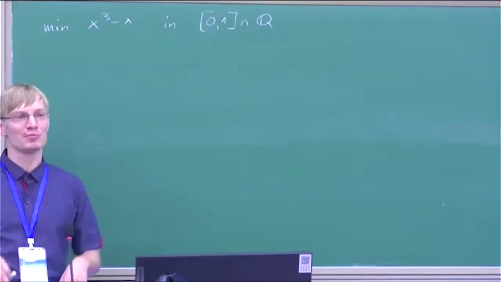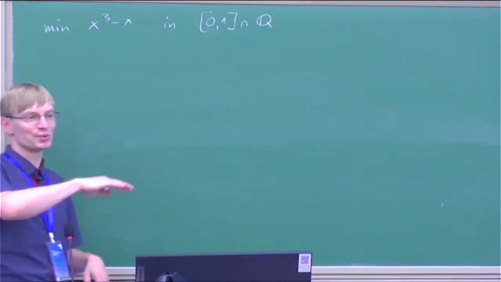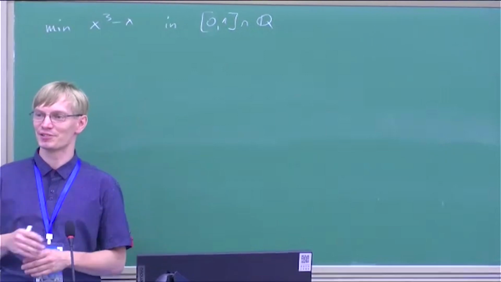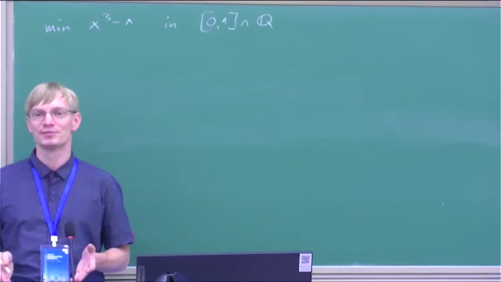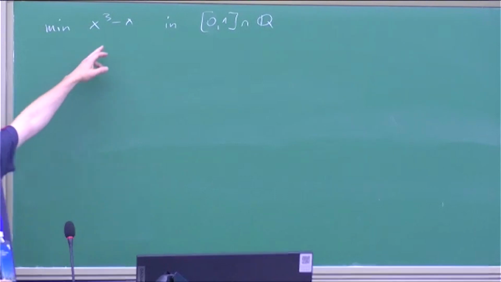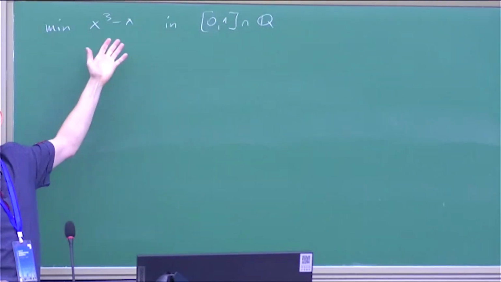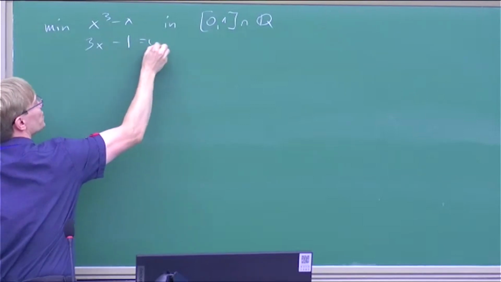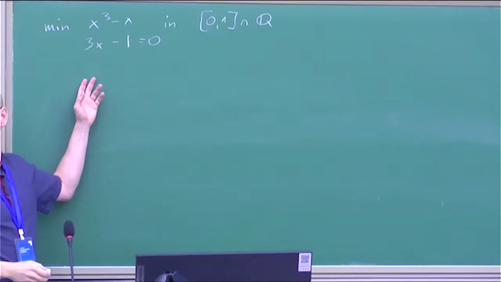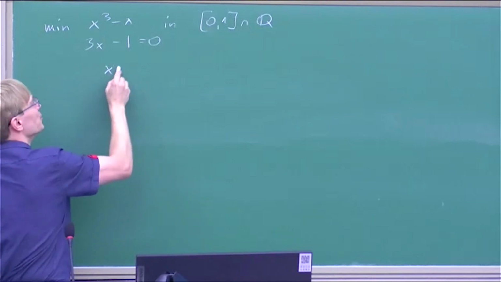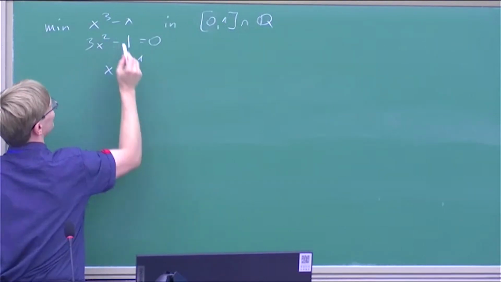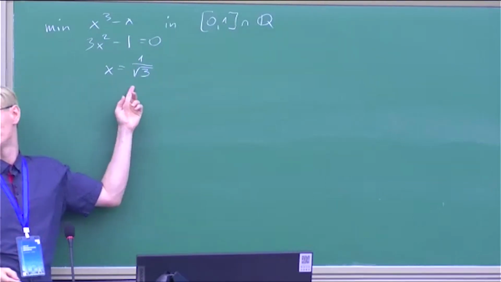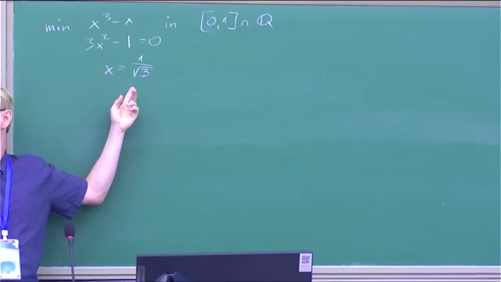Why? If I allow myself to go into reals so that I have a nice smooth space, then it's a really easy problem, right? If I go into reals, I can just calculate the derivative and compare it to 0, and then say that the minimum must be at some real number, which is 1/√3.